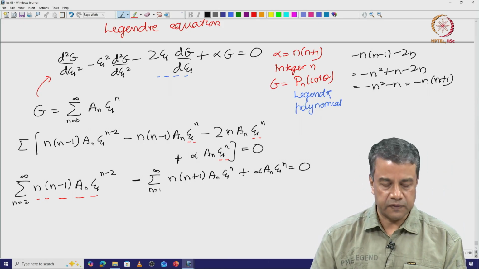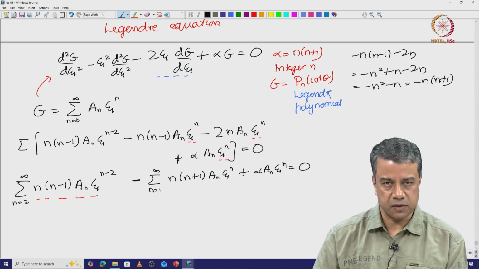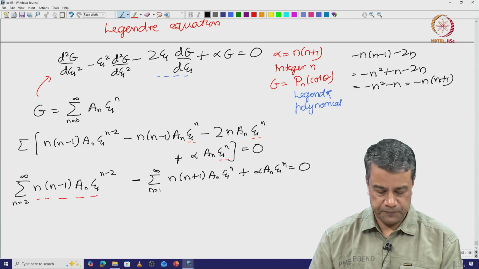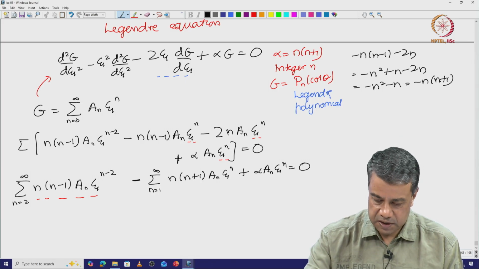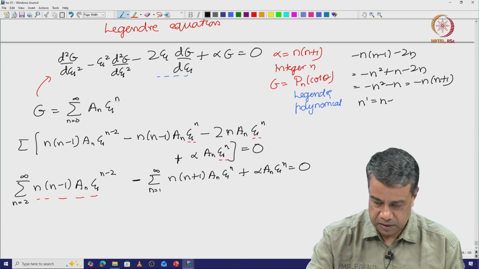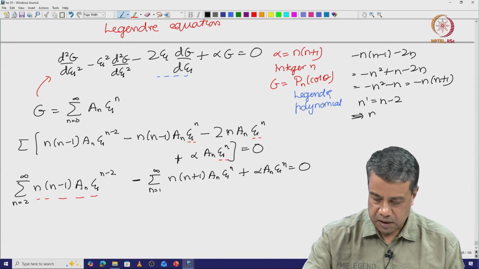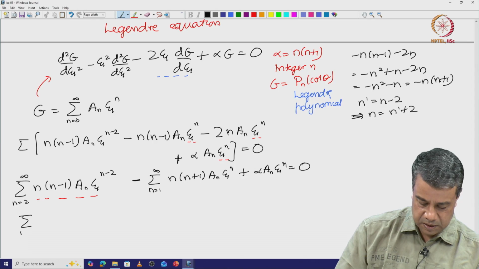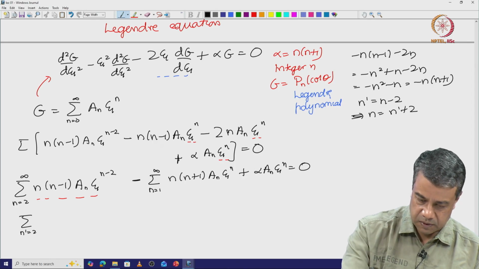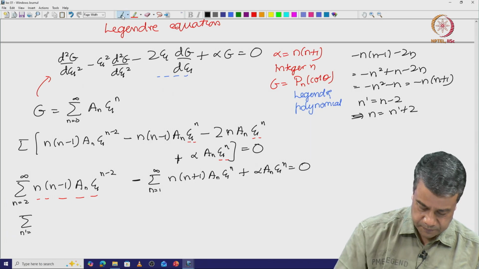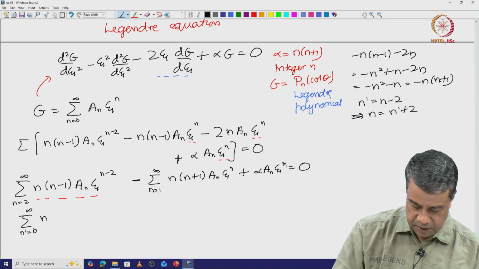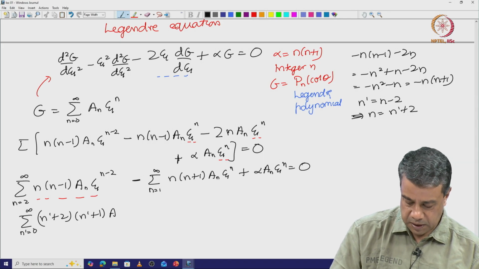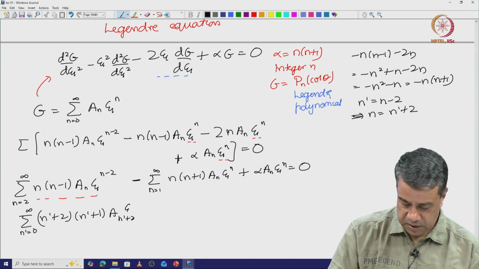In this first term I can write n prime equal to n minus 2, which means that n is equal to n prime plus 2. So, the first term becomes summation n prime equal to 0 to infinity, n prime plus 2 into n prime plus 1 a n prime plus 2 psi n prime.